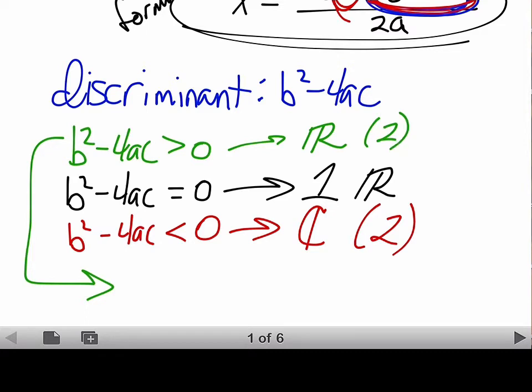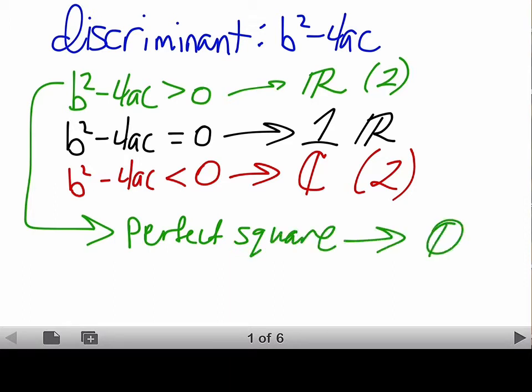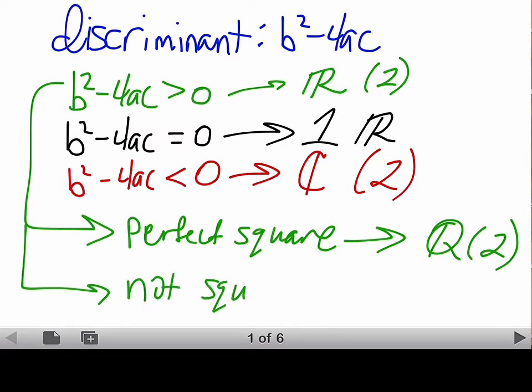The further breaking down that I mentioned are, if it's a perfect square, then we can fully simplify the radical, and our solutions are actually going to be rational solutions. We'll have two of them because of the plus or minus. If it's not a perfect square, then we won't be able to do away with the radical entirely, and we're going to have irrational solutions, but again, two of them.